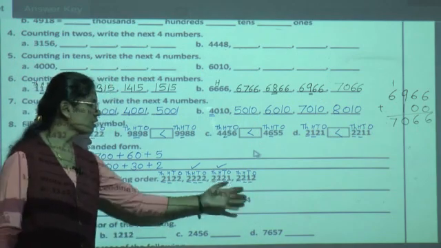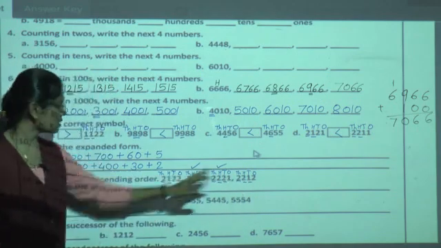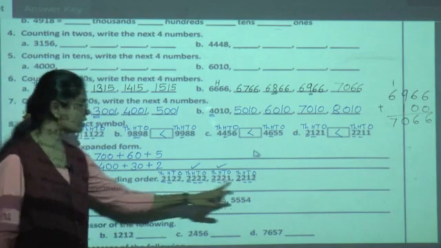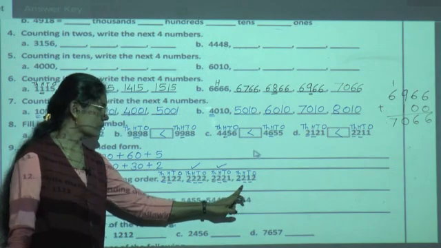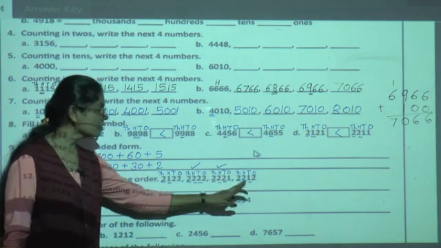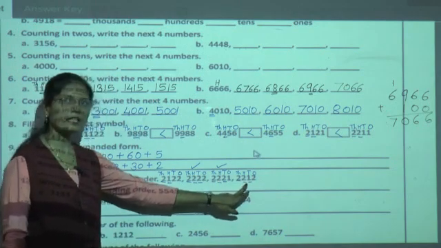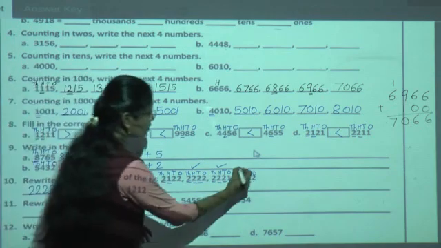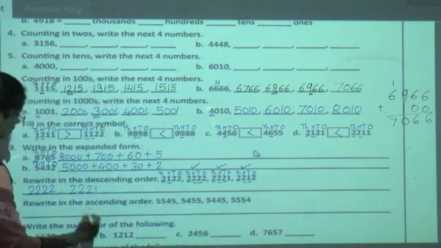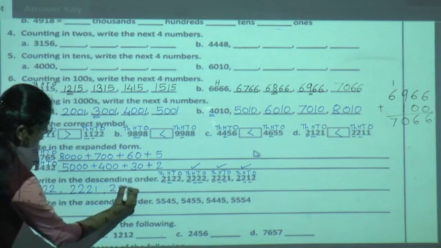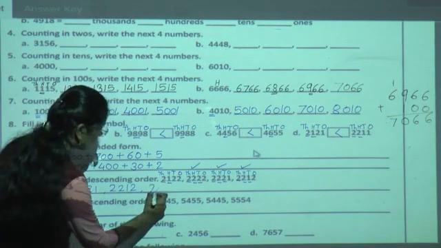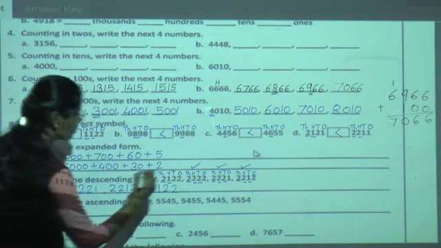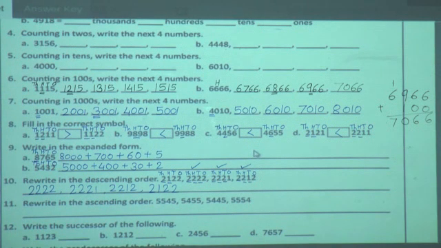Now compare these two numbers. Here at thousands place 2 is there, here also 2 is there. See the hundreds place, 1 here, 2 here. So 1 is smaller than 2. So this number is greater than this number. So third, 2212 will come and the last, 2122. So in this way we can arrange the given numbers in a descending order.